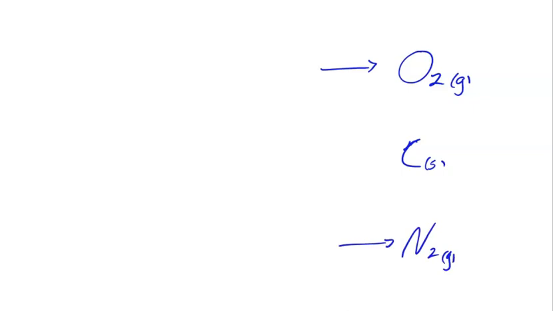A couple of things. They will give you heats of formation to solve a problem, except they won't give you heat of formation for things like oxygen gas. And they won't give you heat of formation for things like carbon solid or for nitrogen gas. And the reason is, how much energy would it take, or what would the energy change be if you made oxygen gas from its elemental form?